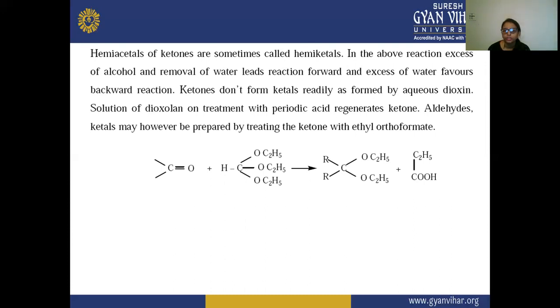So here aldehydes and ketones may, however, be prepared by treating ketone with ethyl orthoformate. This is your ethyl orthoformate, and it is reacting with your ketone, and there is a formation of this product.